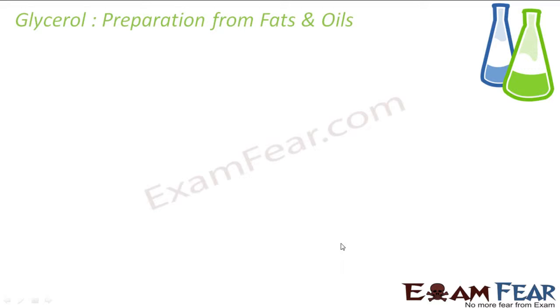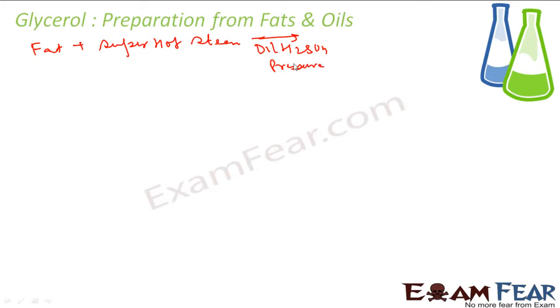In fact, there are other ways also to prepare glycerol from fats. So you can take this fat and you can take super hot steam. If you take super hot steam and have some pressure, you use dilute sulfuric acid under a good amount of pressure, you get glycerol. For example, this is my glyceride of fat.